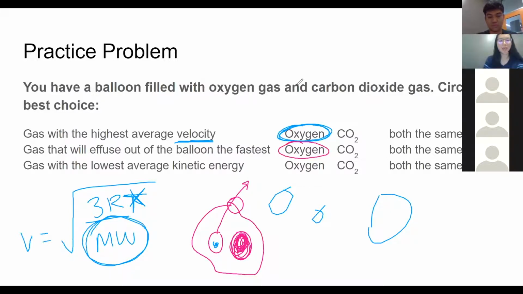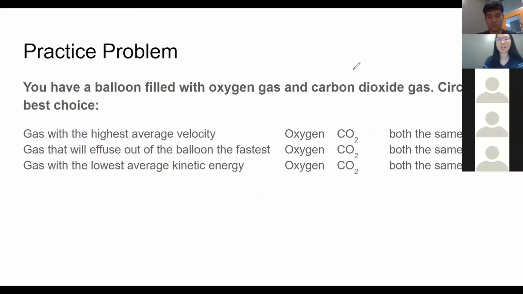Last one, gas with the lowest average kinetic energy. If you remember, kinetic energy is only determined by which aspect? It's going to be dependent on temperature. Because kinetic is basically movement, right?